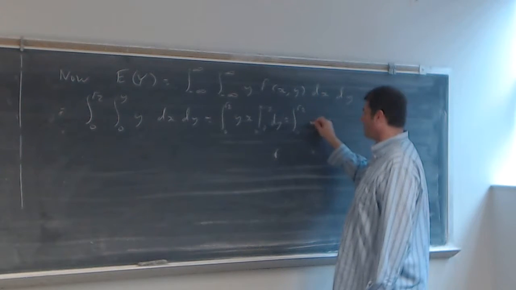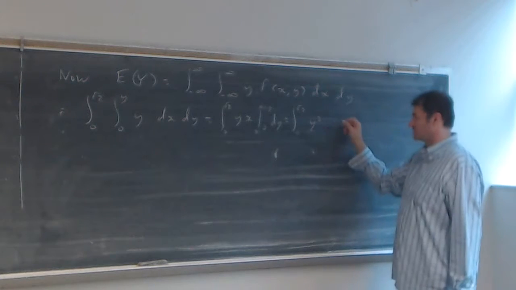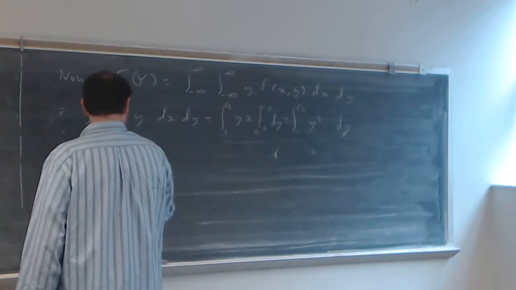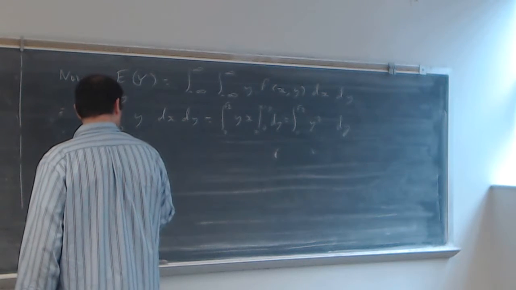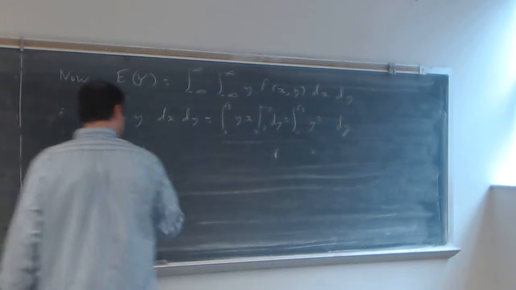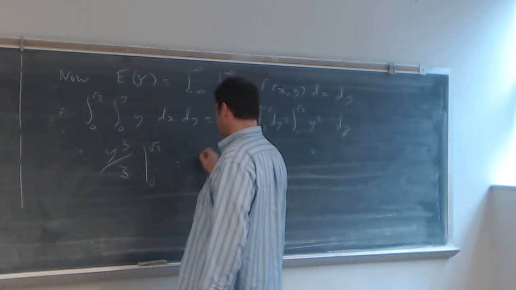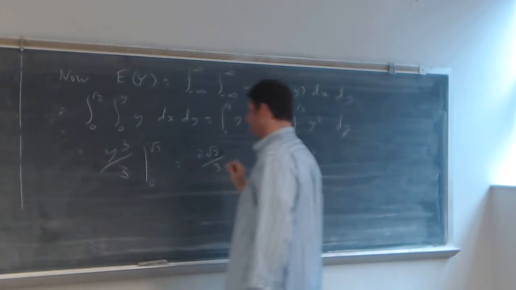When I let x be y, I'm going to get out y squared. When I let x be 0, to subtract from it, I'm just going to get 0. dy. This is an easy integral to take. It's y to the third, so by the power rule, we add 1 to the power, divide by the new power, and we evaluate that from 0 to square root of 2. This ends up being 2 times square root of 2 over 3.